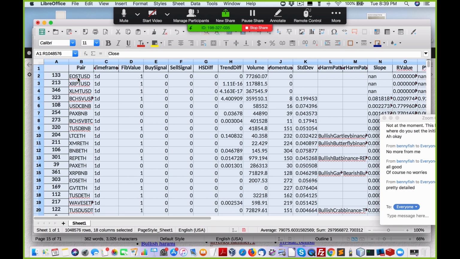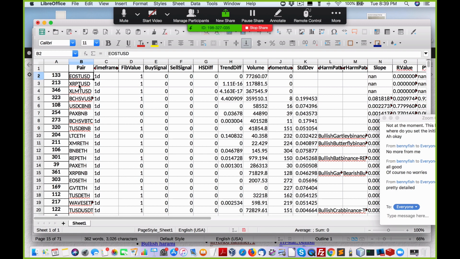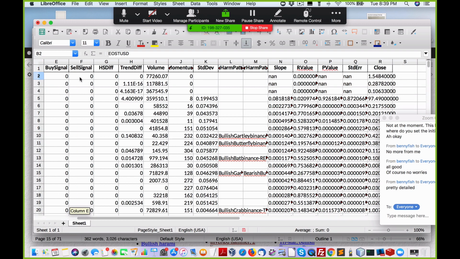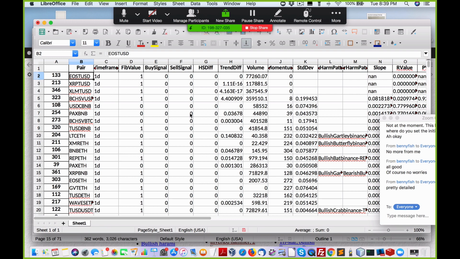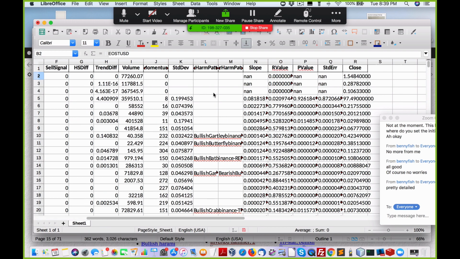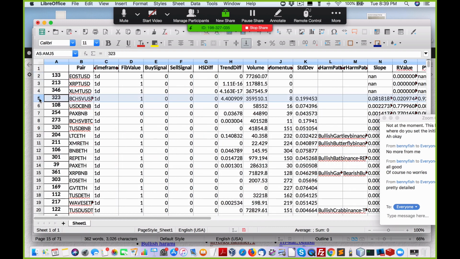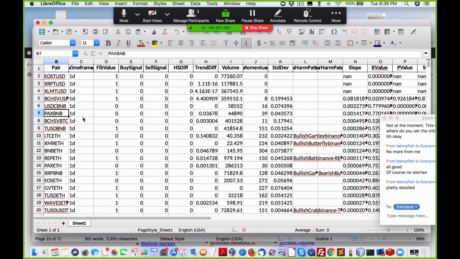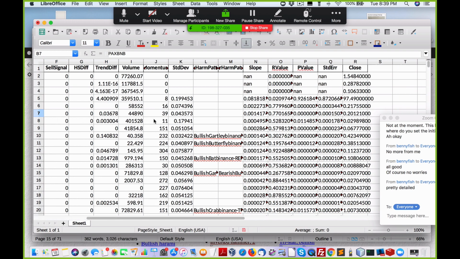So you can see here, EOS against Tether, I believe, is very strong, and that's sorted by slope. Actually, it's this one. So in this case, it looks like it's Bitcoin Cash SV, and then USDC and BNB, PAX, and you can do all kinds of really useful things.